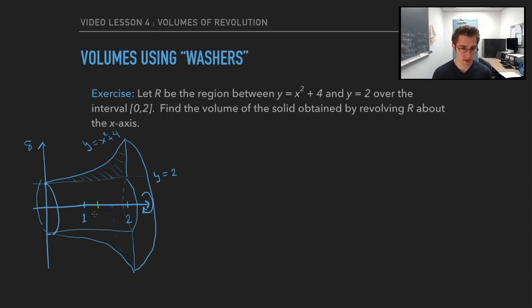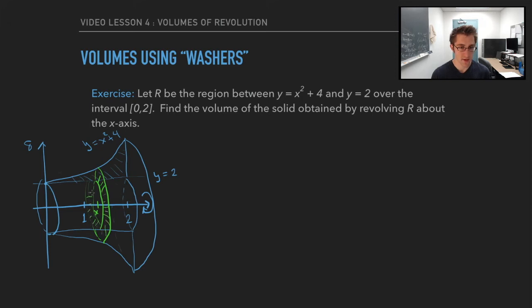Once again, here's my green slice at the point x. It is going to be a washer. It looks like this. Okay, so here's my washer.